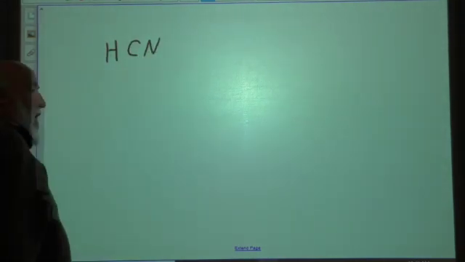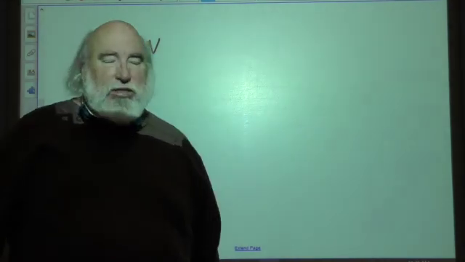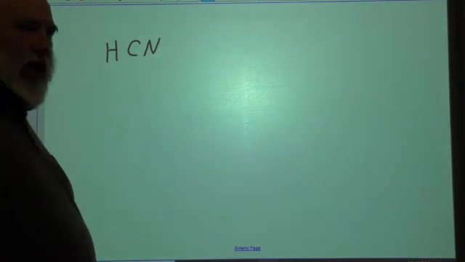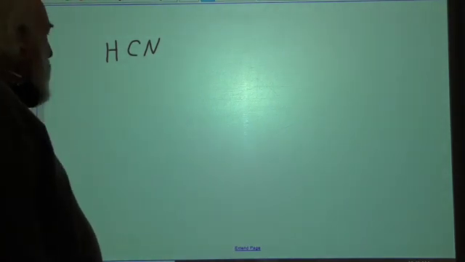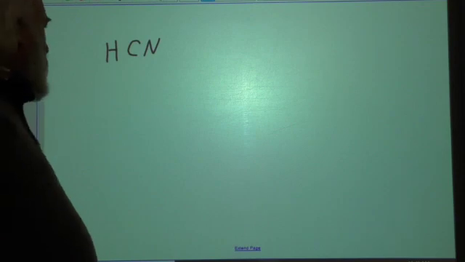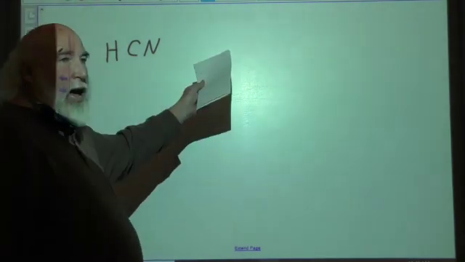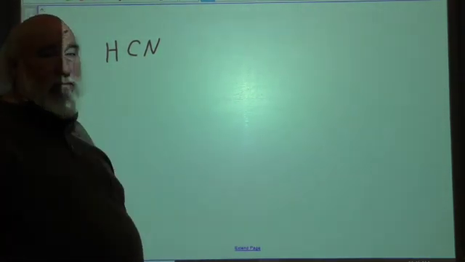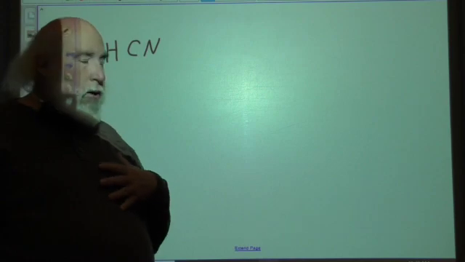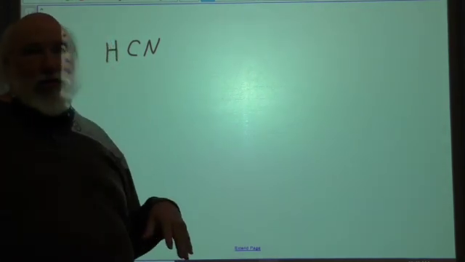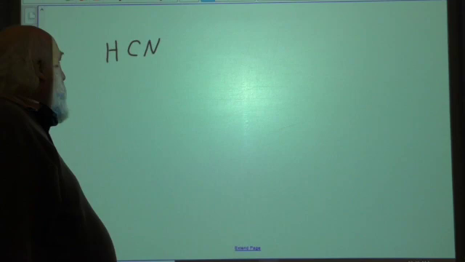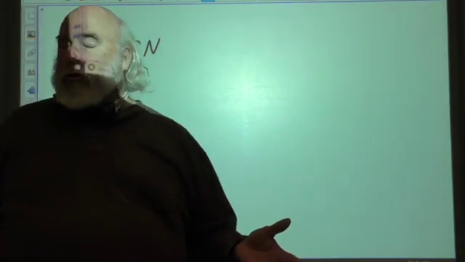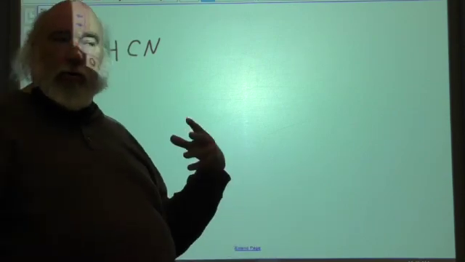This is the formula for cyanide. Now, if you're not familiar with cyanide, cyanide is a very dangerous compound. If you were to consume cyanide, it would kill you. Your blood, which normally would take up the oxygen, will instead bind the cyanide because it likes it better and will never get rid of it.